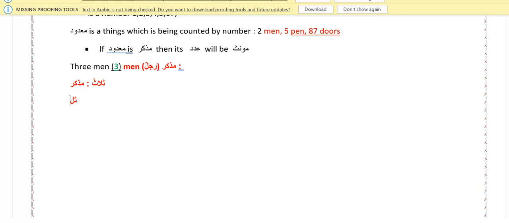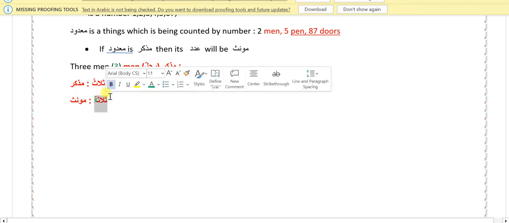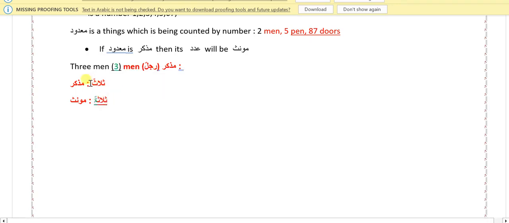Now we have to use a muannas salasun, so we are going to use salasatun. This salasatun is muannas. Why is this muannas? Because of having ta marbuta at its ending. So now, if we want to say 3 men, we are going to use this salasatun, not salasun.